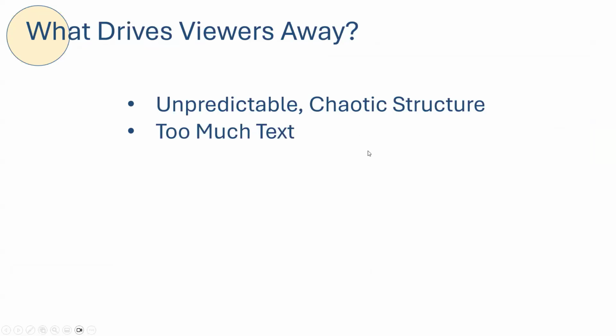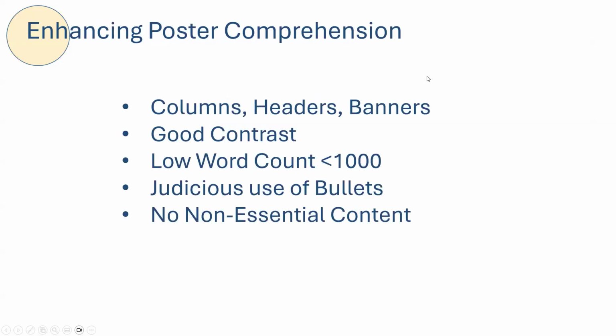Now, moving from attraction to comprehension, you have someone standing there looking at your poster. What can help them comprehend it more easily? Well, you can use a good arrangement of columns and headers and banners to make the content more manageable and understandable. You could use a color scheme with good contrast to make it more legible, more attractive, and make important things stand out.